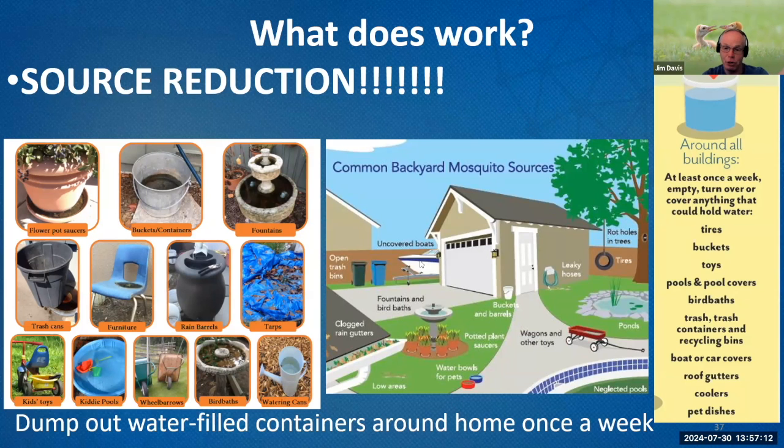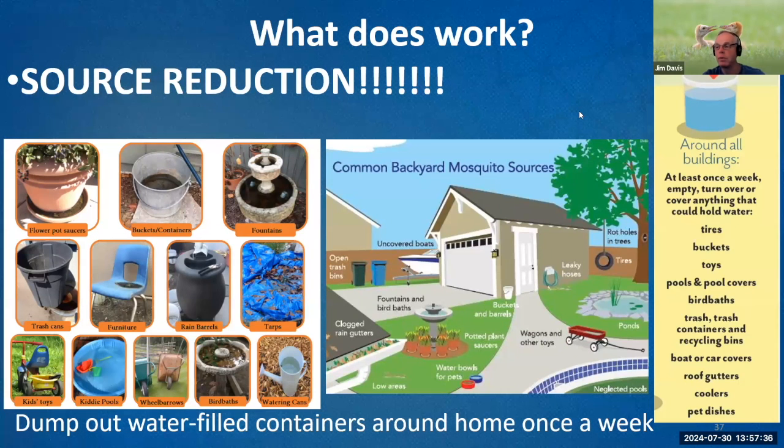Uncovered boats for sure. Open trash cans, leaky hoses, wagons, other toys, water bowls, low areas. All those are great examples. Wheelbarrows, tarps, anything that can hold water for a short amount of time.